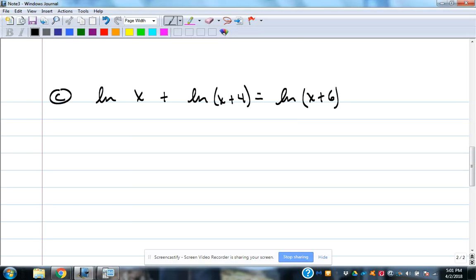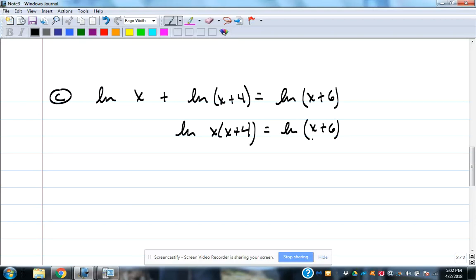Think it just the right amount, Goldilocks. The left side has two different things. So what could I do to that? Yeah, I could condense that side together and just get natural log of x times x plus 4. That gets it a little better. It's a little shorter problem now.